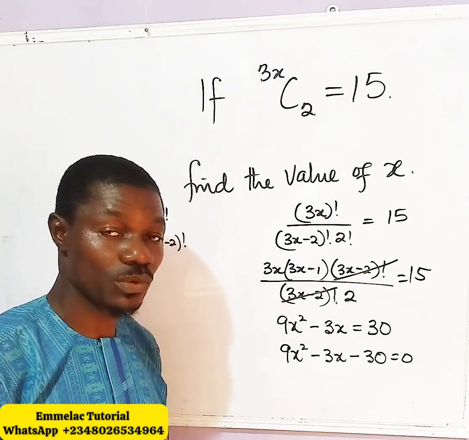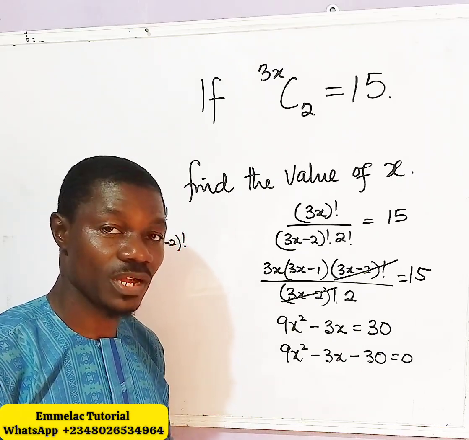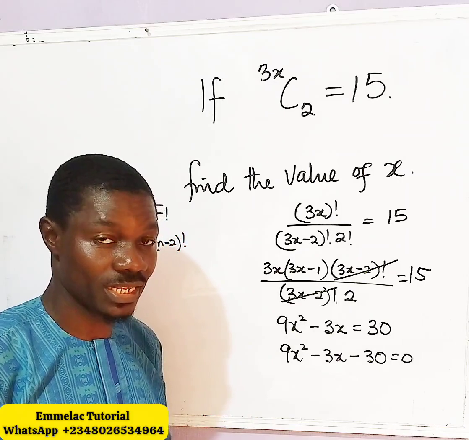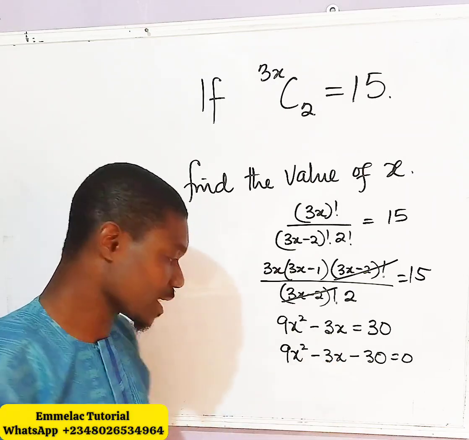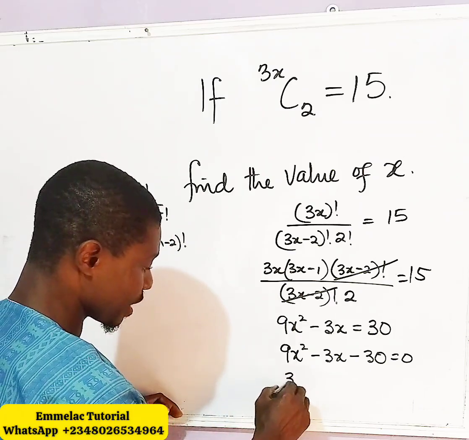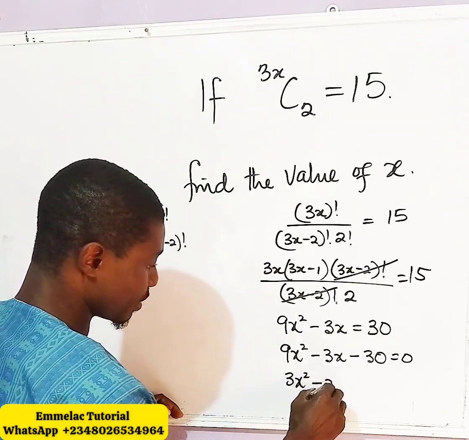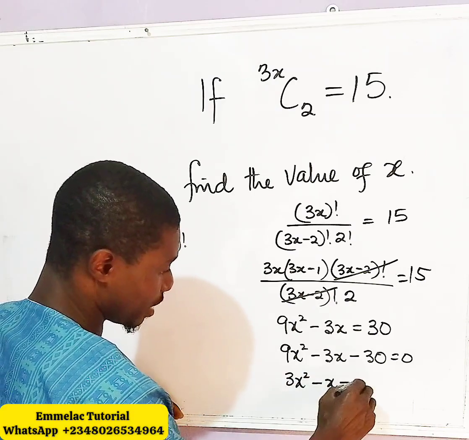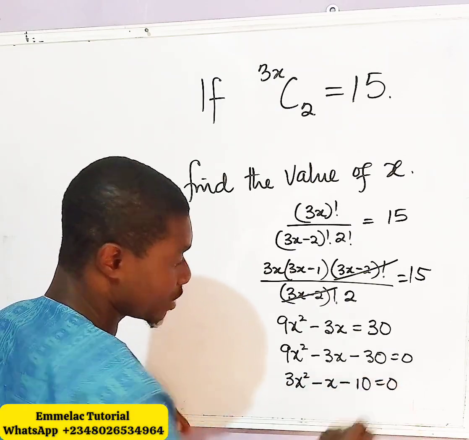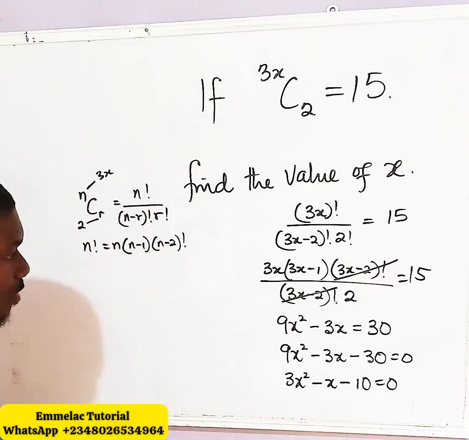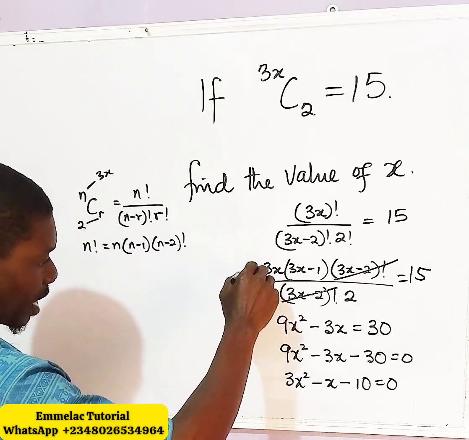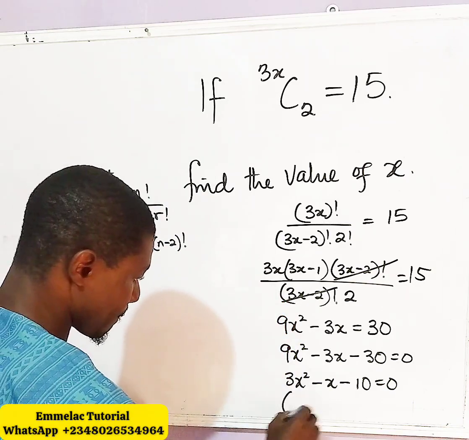Now looking at the quadratic equation, you can see we have a common factor, which is 3. If we divide everything by 3, we end up having 3x squared minus x minus 10 equals 0. So we can now factorize.